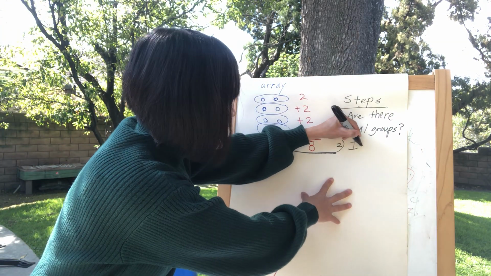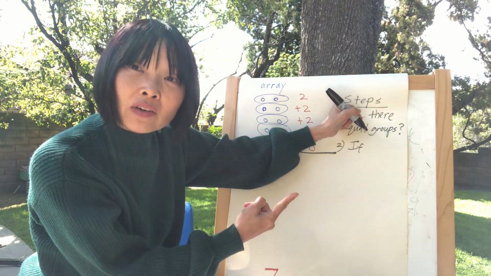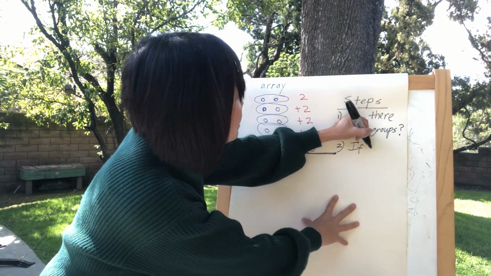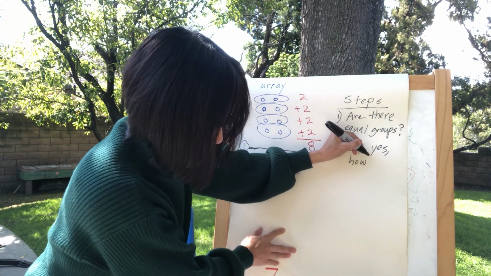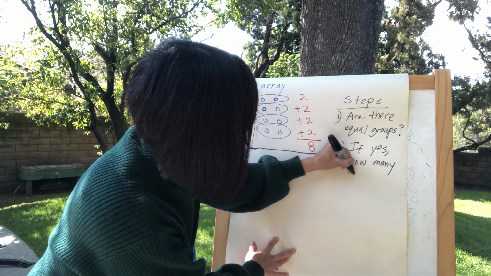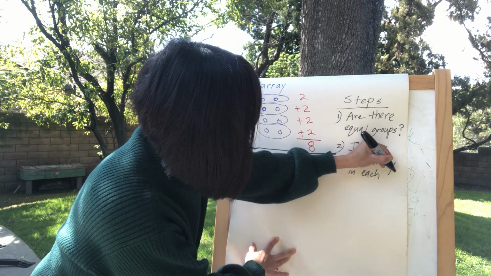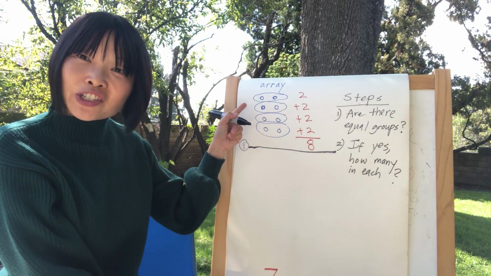If yes, and these steps are happening quickly in your mind, I'm just breaking it down. If yes, how many in each? 2. There are 2 in each group.